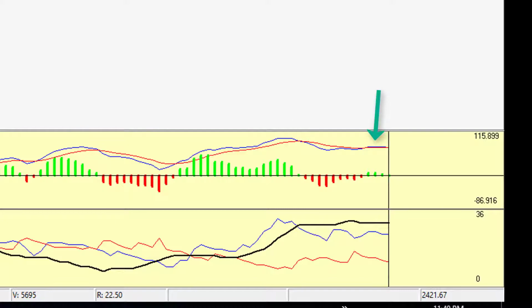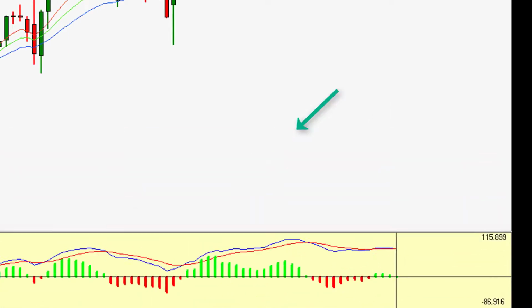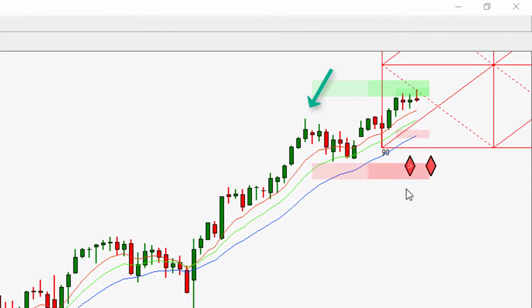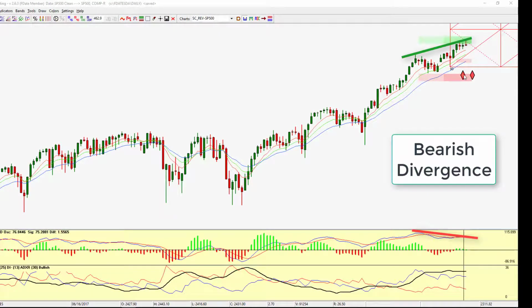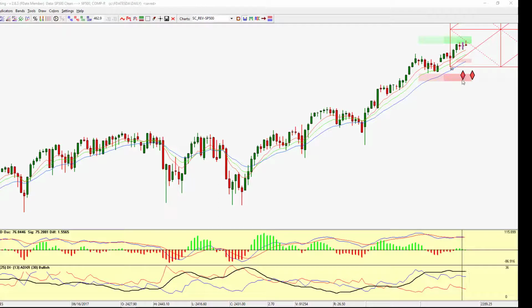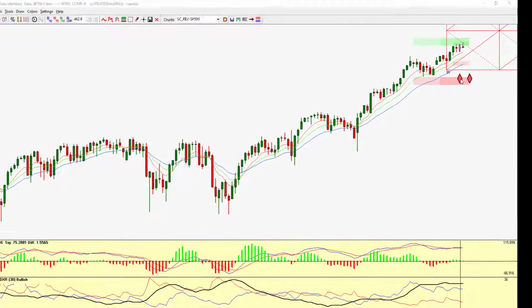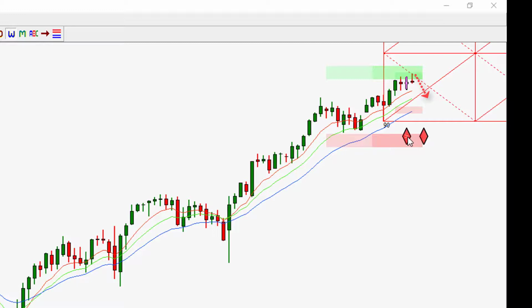They're lower here than they are here, whereas price is higher here than it is here. This is called a bearish divergence, which means that this puppy is likely running out of steam. So that's a flag saying that we could be looking at a pullback here in the S&P 500, and that is what I'm expecting to happen based on all these indications that I have just presented right now.